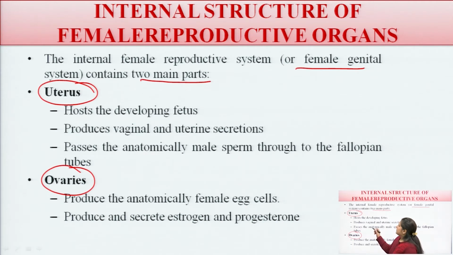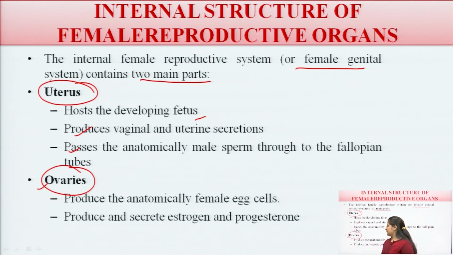The uterus hosts the developing fetus, produces vaginal and uterine secretions, and passes the egg and male sperm through the fallopian tubes.